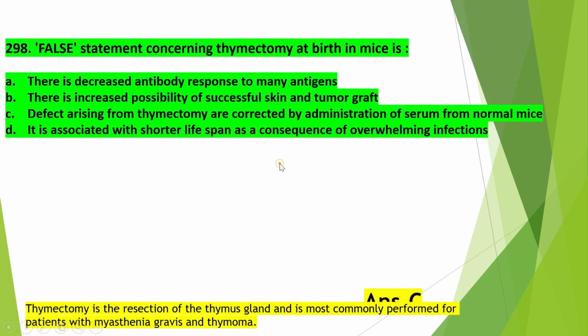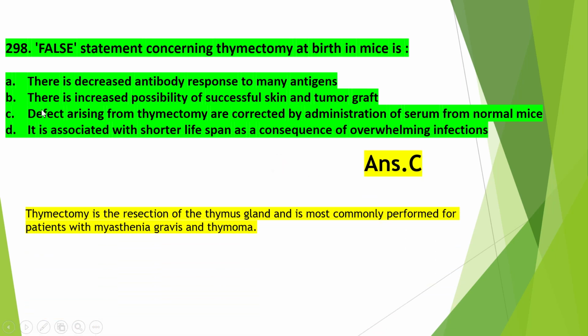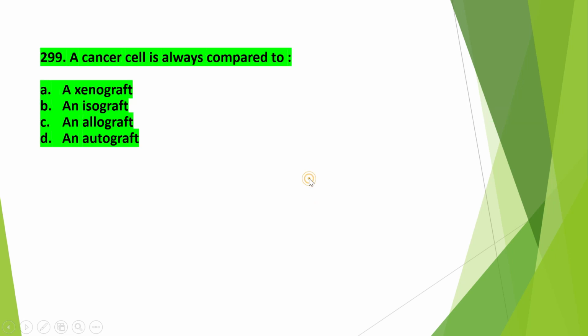So the right one is option C, that is, the defect arising from thymectomy is not corrected by administration of serum from normal mice. Okay, and this thymectomy is the resection of the thymus gland and is most commonly performed for patients with myasthenia gravis and thymoma.